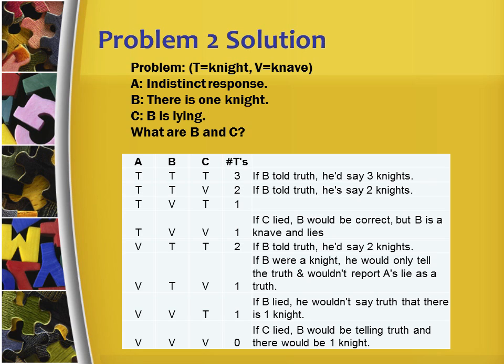Since he's a knave, he's going to lie about the truth. So B is lying would be false because it's a lie. So then that makes the fact that there is one knight true.